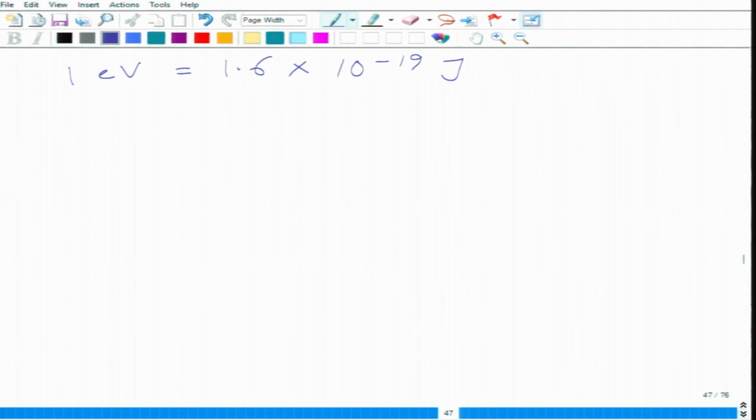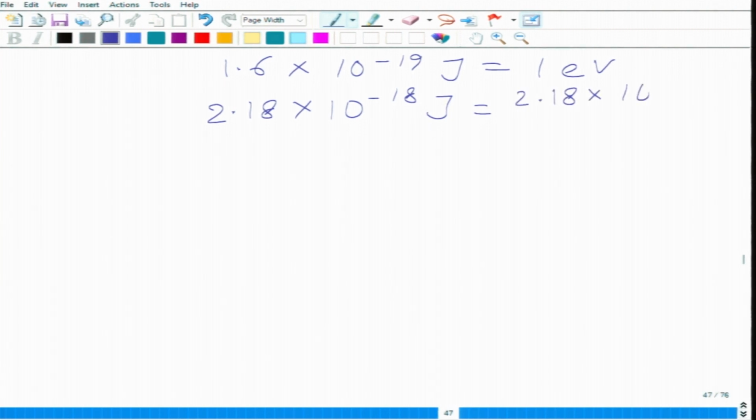So, if this many joule is equal to 1 electron volt, then 2.18 into 10 to the power minus 18 joule will be equal to this many electron volt.